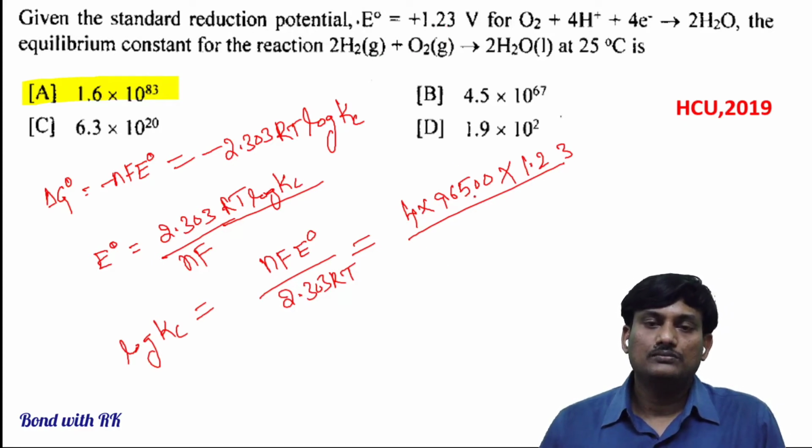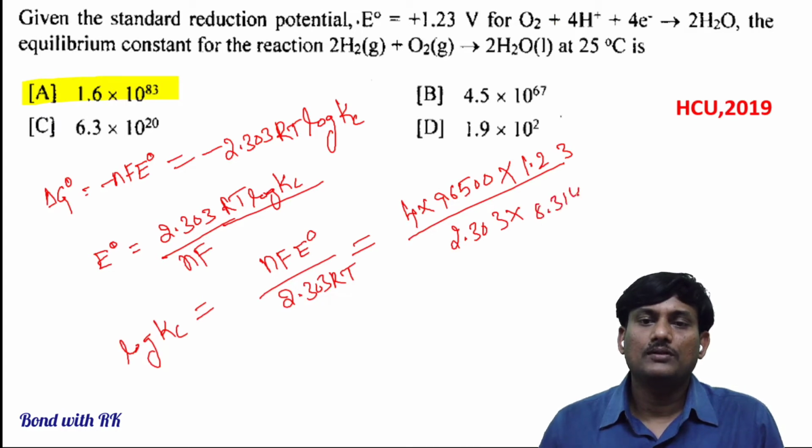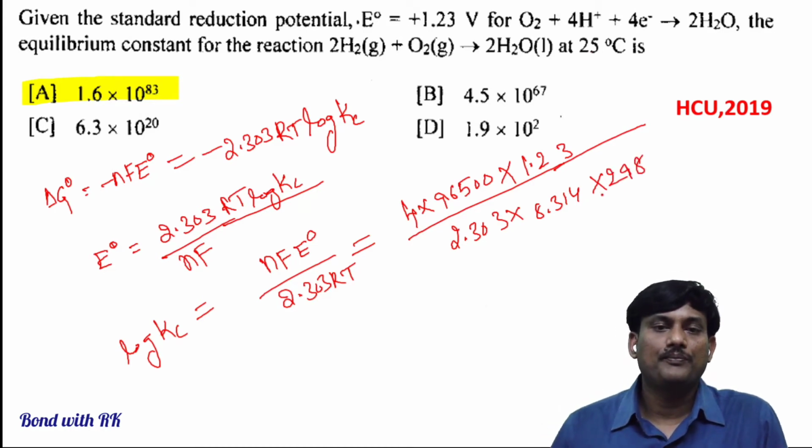So 4 into 96,500 into 1.23 divided by 2.303 into, you have to take it in joules, 8.314, and T is 298 Kelvin.